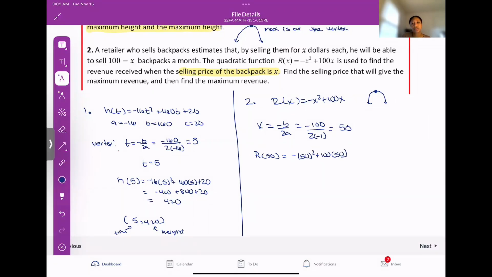Negative 50 squared is negative $2,500. And then 50 times 100 is $5,000. So we get $2,500. All right, so the vertex is at (50, 2,500). 50 tells us the selling price.